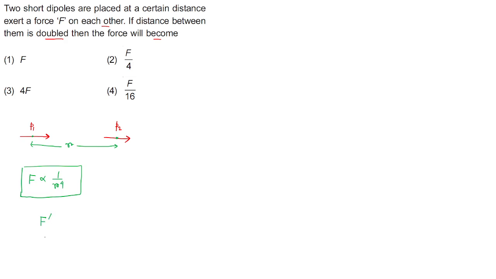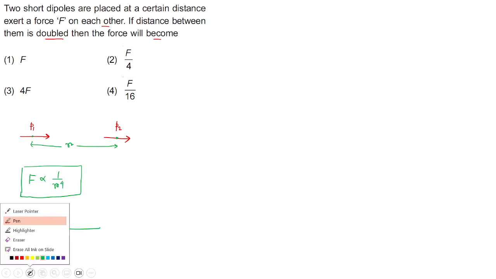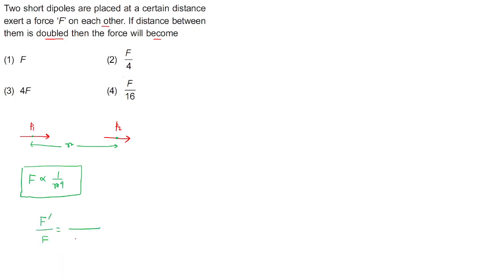Suppose the new force is F prime and the previous force, as given in the question, is F. So F is proportional to 1 by R to the power 4, and the new distance is 2R, whole to the power 4, and the previous distance was R, so R to the power 4.